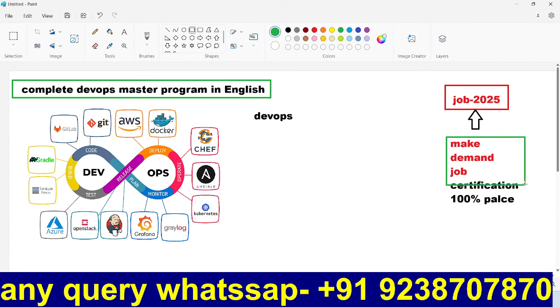If you are going anywhere to learn DevOps with 100% placement, including certification, and the cost is whatever, 80,000, 1 lakh, 50,000, 25,000, make sure you don't go for these kinds of things. Definitely a trap. Definitely. Thousands of students, even people who are working, also get trapped by these kinds of things. So make sure what is the right way, and from wherever you want, you can learn from there.